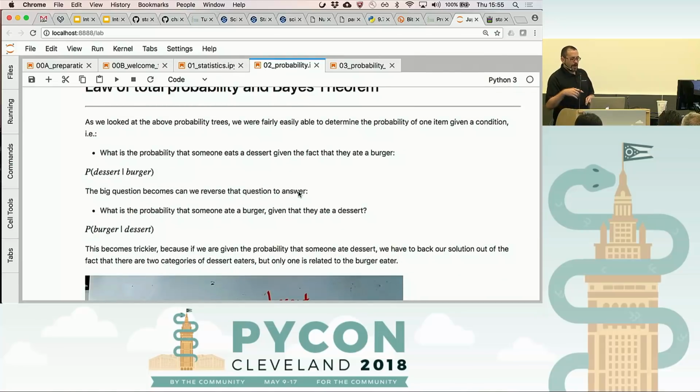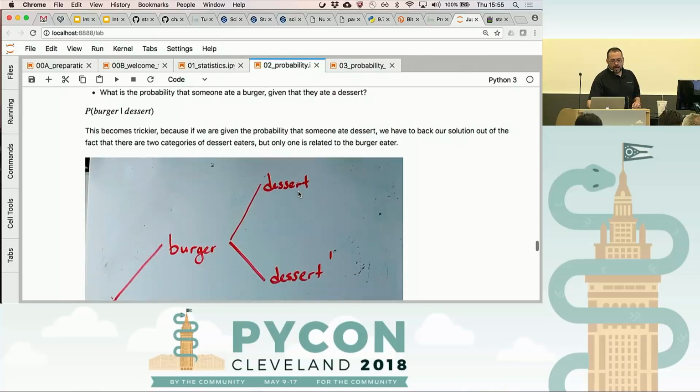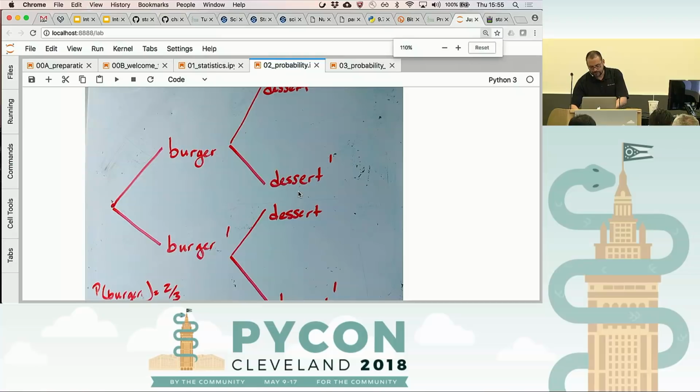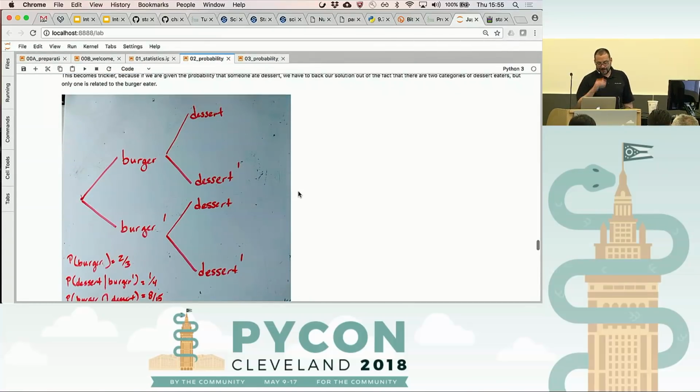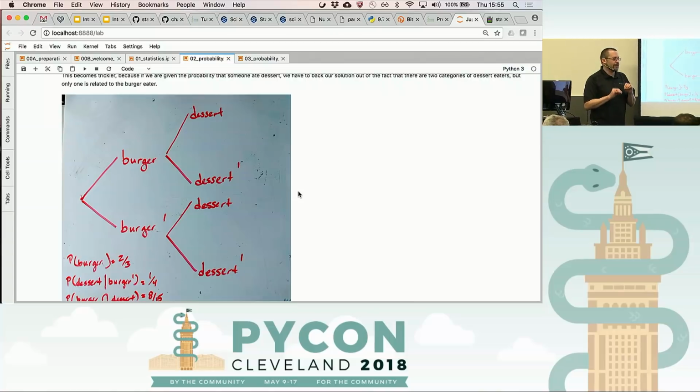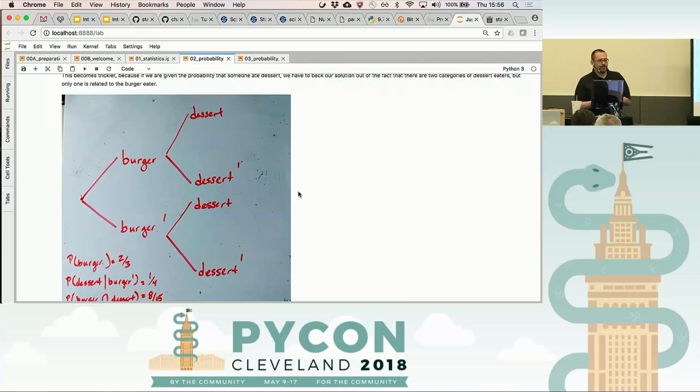But how do I reverse that question? If I'm talking to a friend, and my friend says to me, you know what, man, I went to the restaurant, I had this awesome dessert, it was crazy good, a little pecan tart. How do I figure out whether my friend ate a burger or didn't?